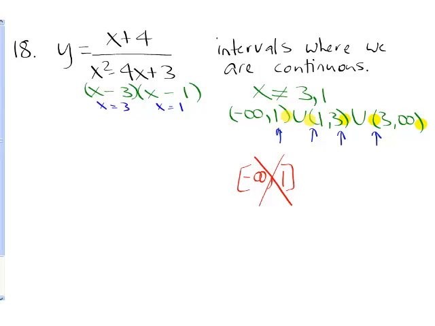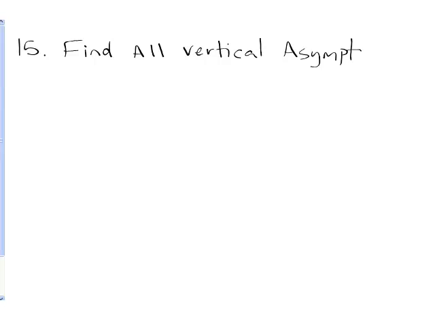Let's do secant x. Okay, so let's look at 15. We want to find all the vertical asymptotes of f of x equals secant x.